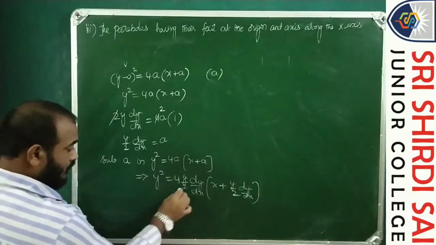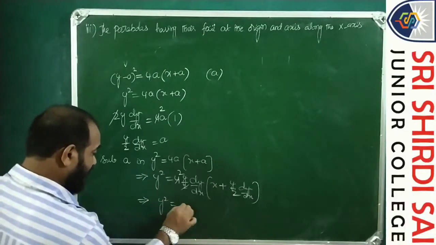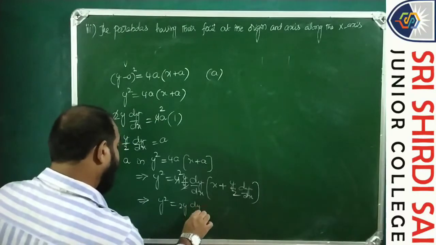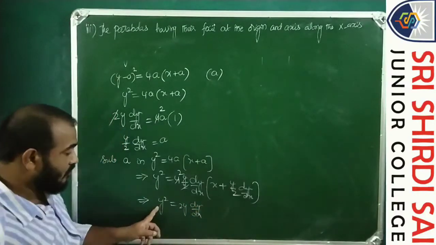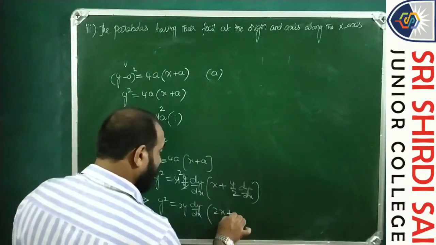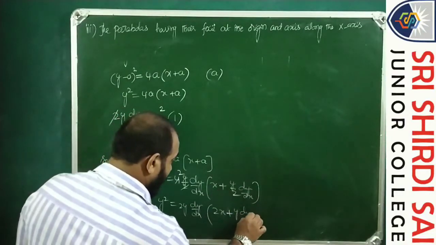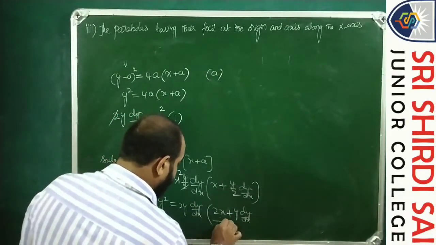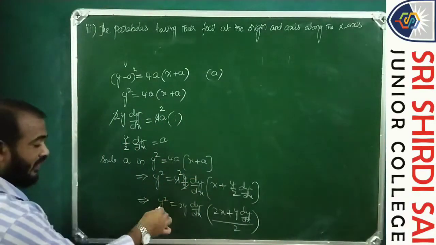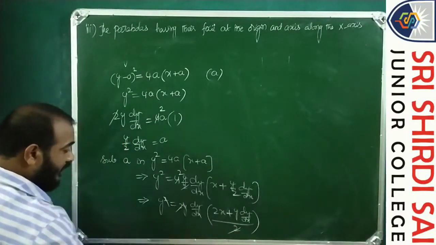So cancel the 2 times. So y square is equals to 2y dy by dx into 2x plus y dy by dx by 2. So if you cancel y throughout the equation, this as well as this gets cancelled, and this 2 and this 2 will be cancelled.